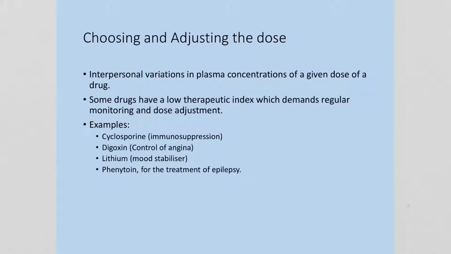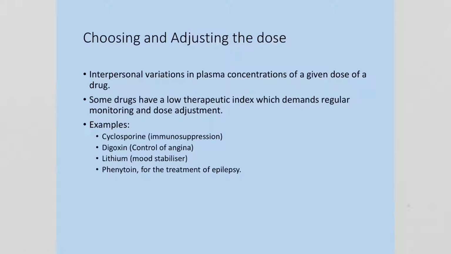So it's very important that the right medicine is chosen and the doses are adjusted appropriately. Remembering that there are interpersonal variations between different people, that not everybody's body reacts the same, and knowing what we now know is that some drugs have a low therapeutic index, which needs regular monitoring and dose adjustments.